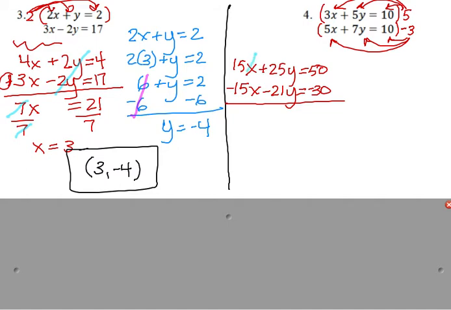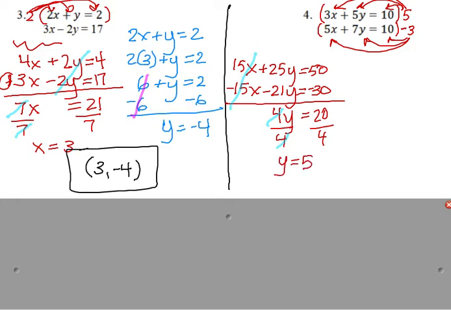So I will have successfully eliminated the x's. 25y plus negative 21y would become positive 4y. And 50 plus negative 30 becomes 20. So now I can divide this by 4 on both sides and find out that y is equal to 5.